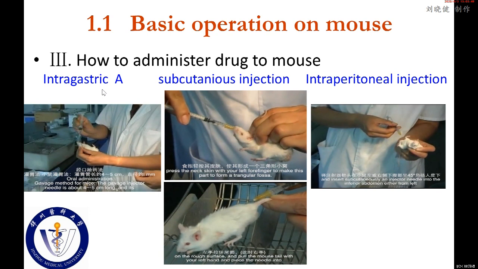So today you will study intragastric administration, subcutaneous injection, and intraperitoneal injection. Intragastric administration is the same as oral administration for humans. It is also common. Now look at this video.